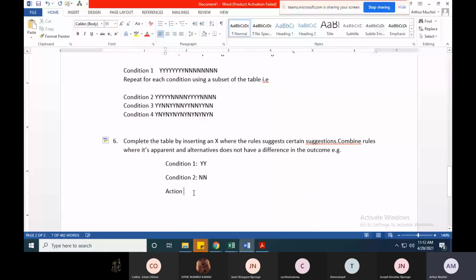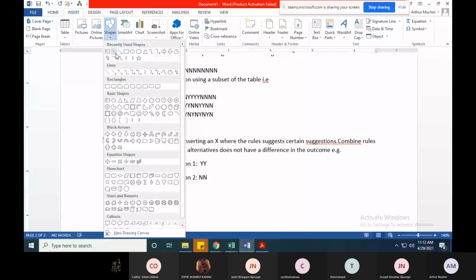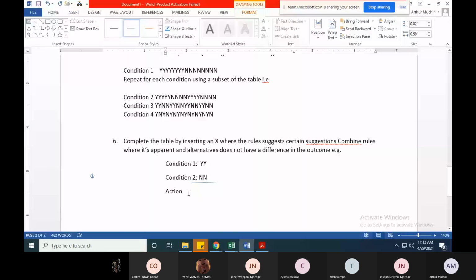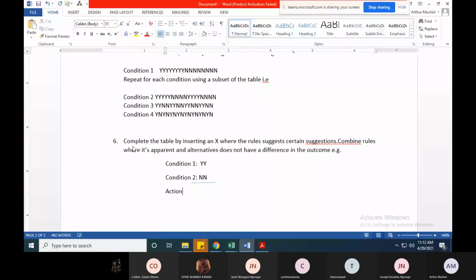Then action should be, let me just draw a line. So this is how you write your actions. You're going to put an X. This is action 1. So this is just an example.